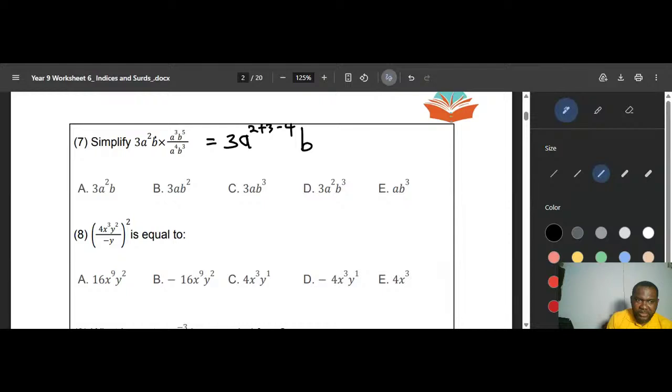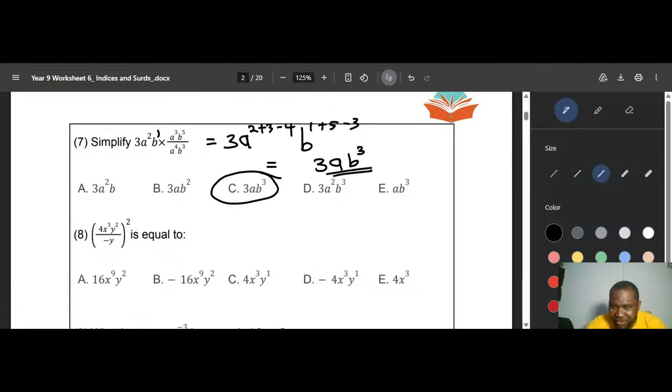Then for B, this one is like B raised to power 1, so it's going to be 1 plus 5 minus 3. So that is going to be 3 A raised to power 5 plus 4, which is 1. Then this is 6 minus 3, which is 3. 3AB cubed, C. If you got C, you got that correctly. For number 7, if you got C, you got that correctly.